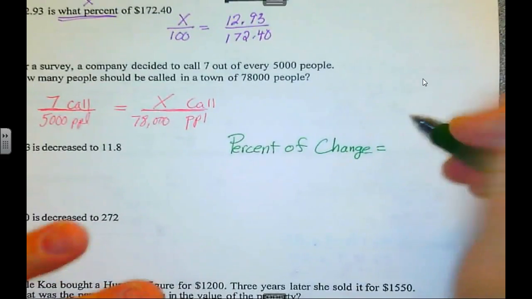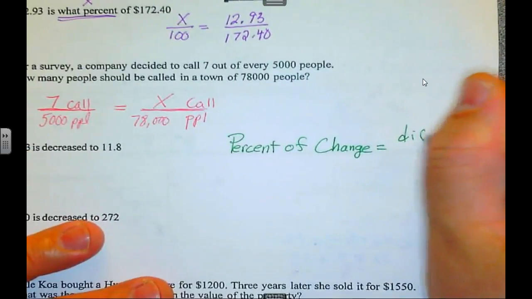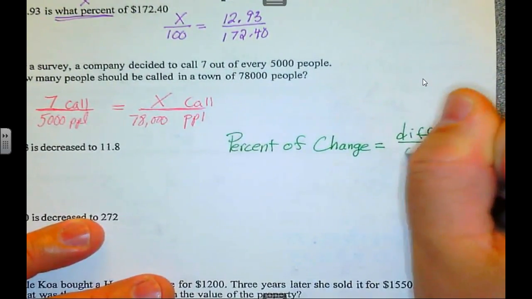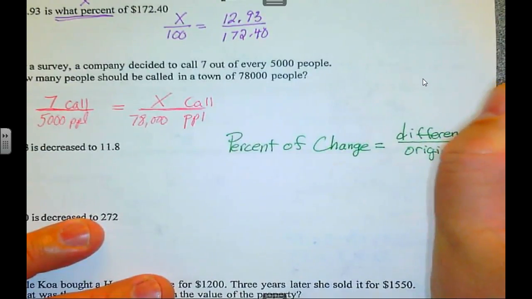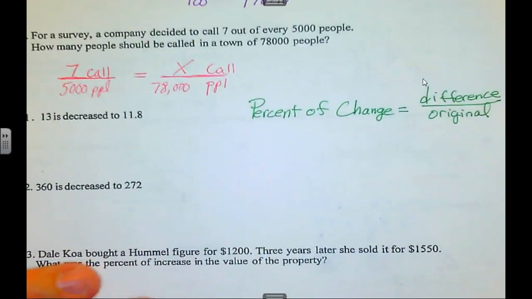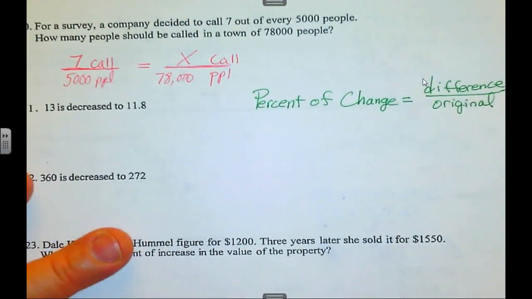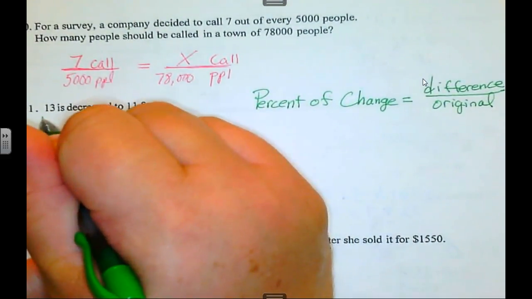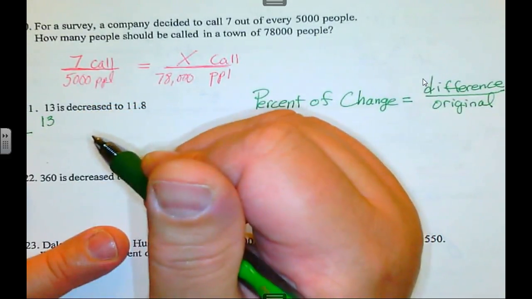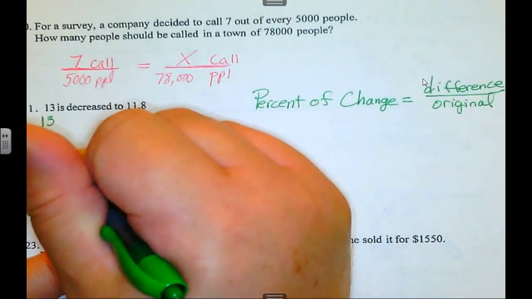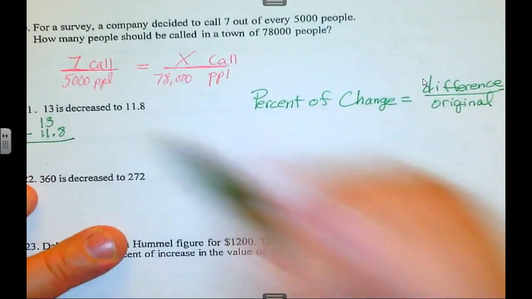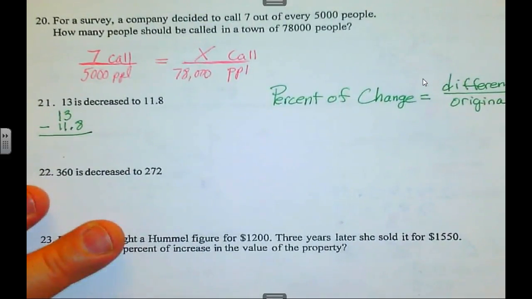It was the difference over the original. So the difference between 13 and 11.8, you did this one just fine yesterday. 13 minus 11.8.